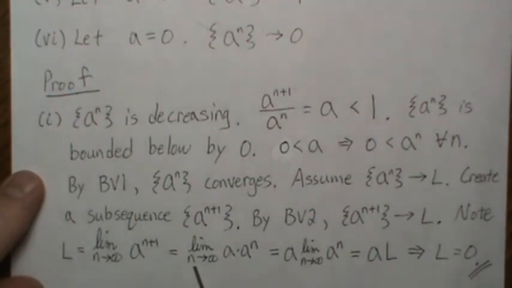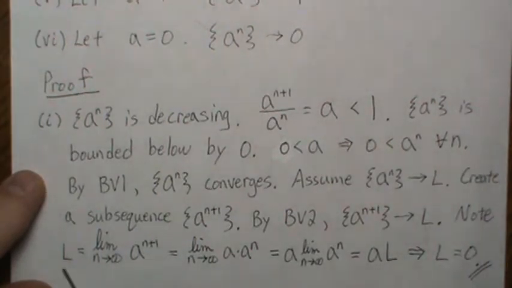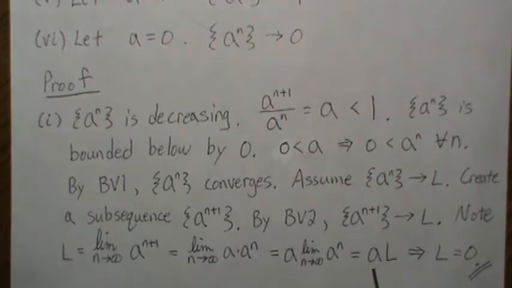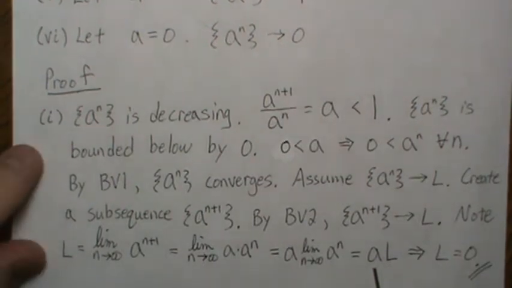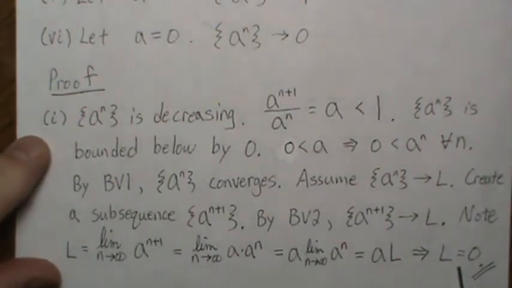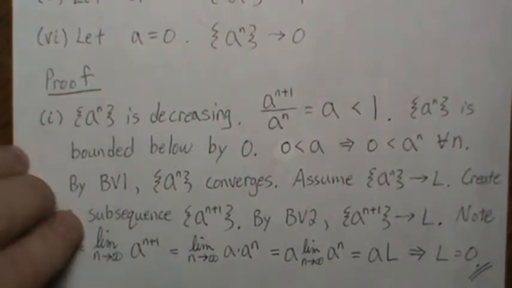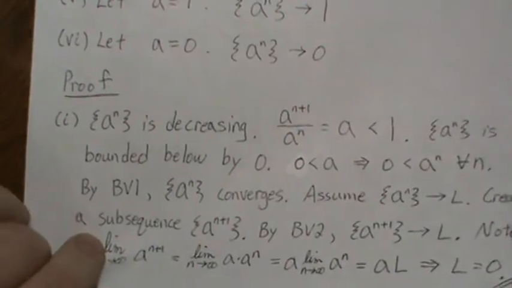And since there's no n in A, we can bring it out front. But we said the original sequence converges to L. So we have L equals A times L. And the only way that can happen when A is between 0 and 1 is if L is 0. So that says the sequence converges to 0. So number 1 is finished.